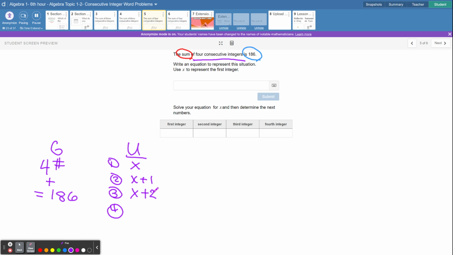We used to stop at x plus 2, but now we're going to keep going. It's going to be x plus 3. Now we have to come up with the equation. Let's count all the x's. We have 4 total x's, so that can be represented as 4x. And then 1 plus 2 plus 3 gets us 6, and it equals 186.